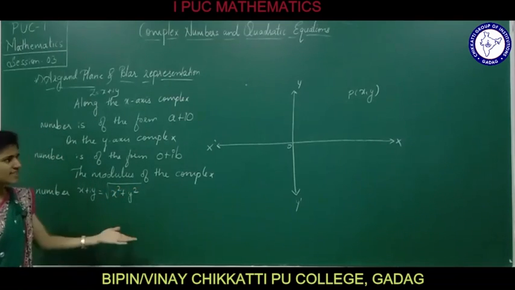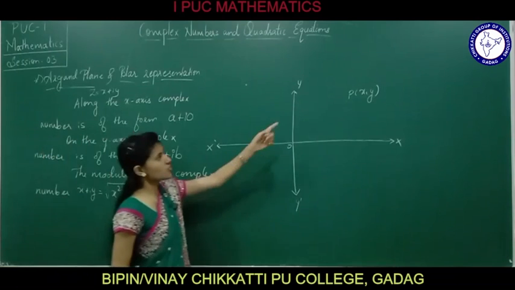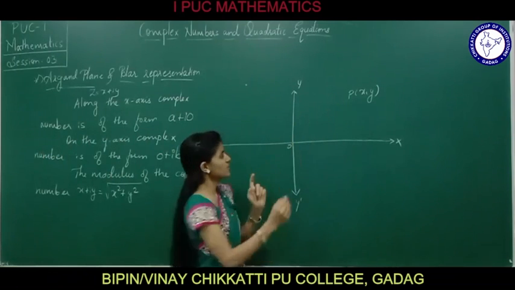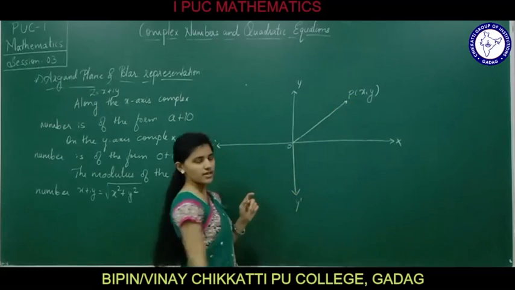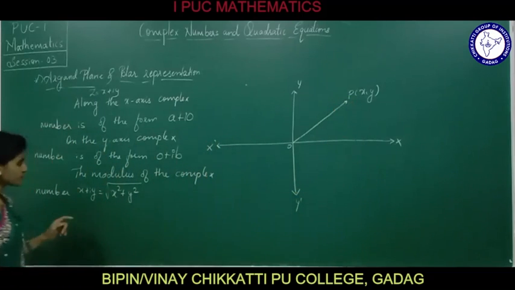What is it? It is the distance of the point P from the origin. Modulus of x plus iy is equal to root of x square plus y square.